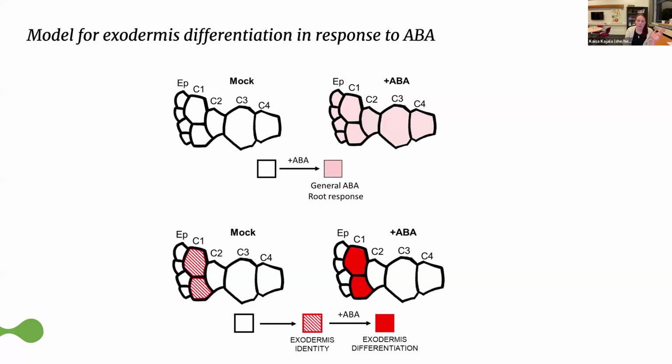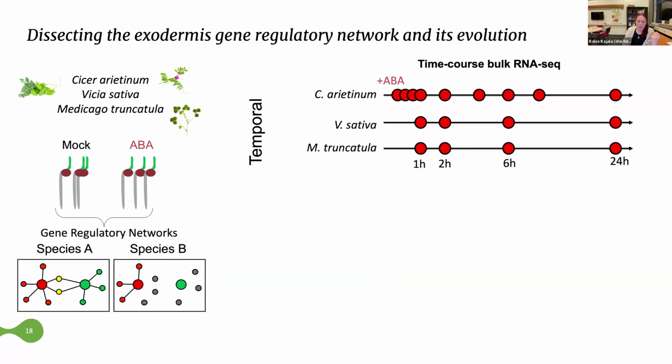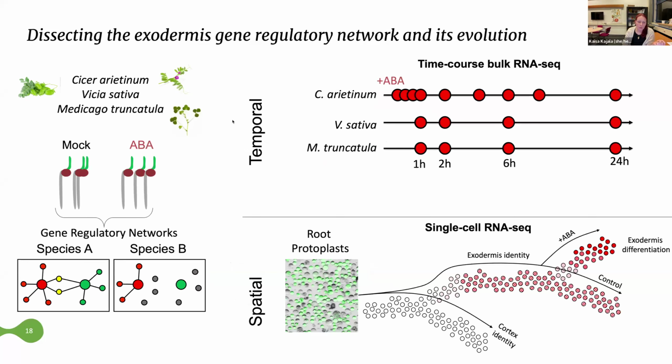So to distinguish between these two ABA response programs, we set up two different transcriptomics experiments for these three species to infer their gene regulatory networks, and then to be hopefully able to compare how these have evolved for the exodermis function. So the first experiment was the time course, the second one was single cell, and at the moment we have just received the data for Vicia sativa and Medicago truncatula here. So today I'm actually only showing the chickpea data.